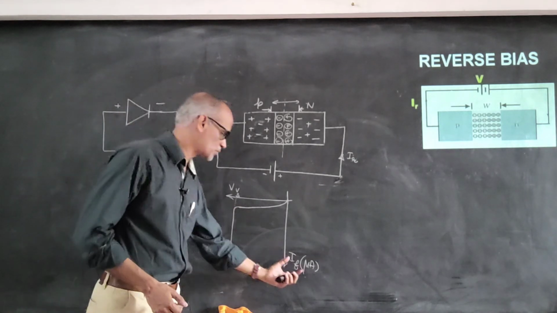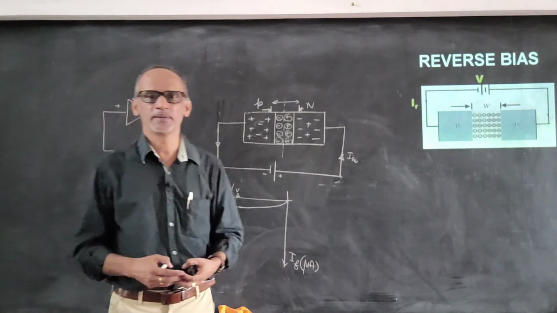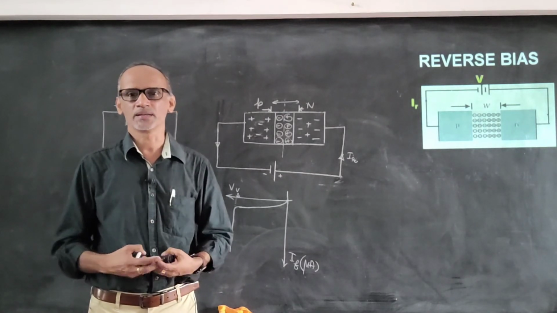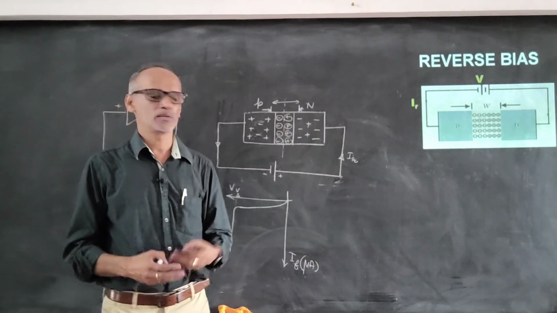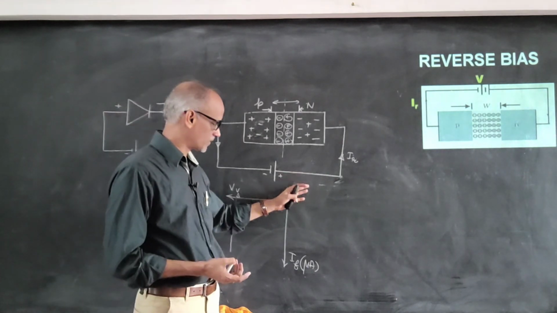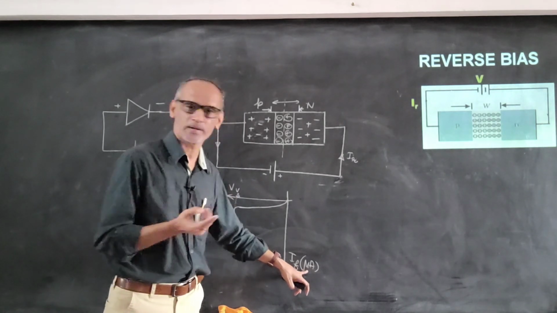And since the current is very small, of the order of microampere, the resistance offered by the diode in reverse bias is very high compared to that in forward bias. It is almost 1000 times, because the current in forward bias is of the order of milliampere, whereas in reverse bias it is of the order of microampere.